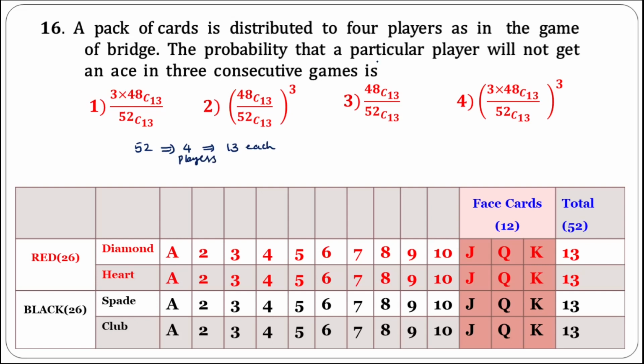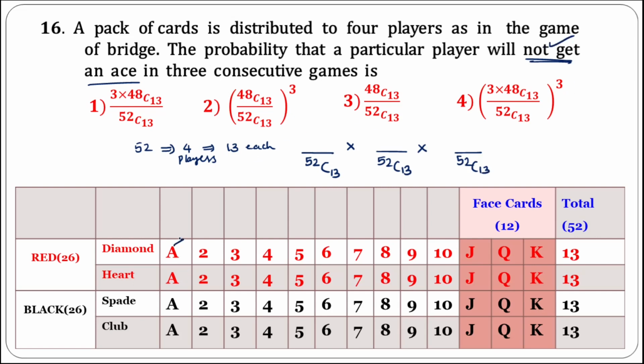Now the probability that a particular player will not get an ace in 3 consecutive games. 3 consecutive games means I will write 3 probabilities multiplied by into. Total cards 52. Out of that you are giving 13 cards to him. Here total cards 52, out of that you are giving 13 cards to him. 52C13. Right, and he will not get ace.